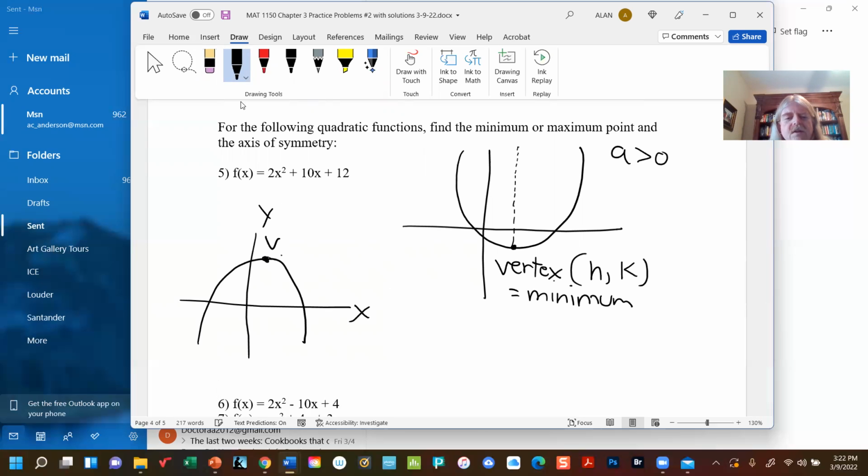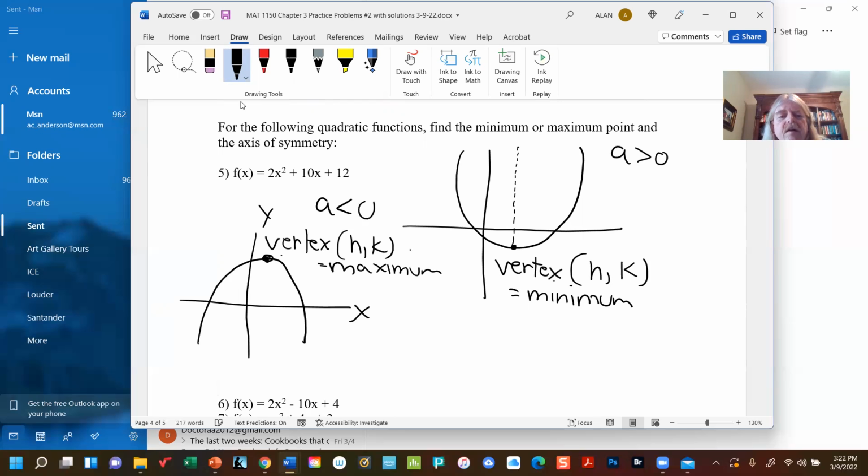Well, it's not drawn as well as it could be, but let's say that's our vertex. Well, this point is the maximum. There is no minimum because the function will continue all the way down to negative infinity.